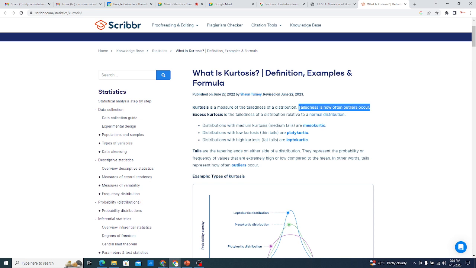So if the tail is thin, then it means we have fewer outliers. Remember, outliers, we said, are any extreme high or extreme low values.